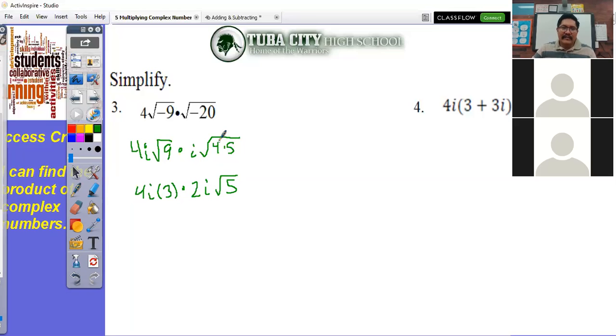So we're just going to have to leave it in there. And again, all these terms are being multiplied together, so we can start with the coefficient, the numbers in the front. So 4 times 3 is 12, times 2 is 24. I times I is I square.